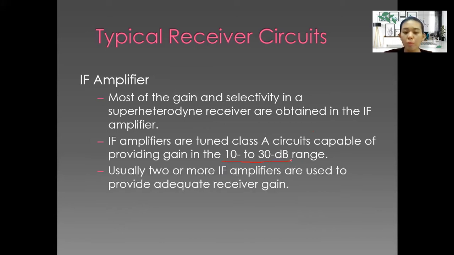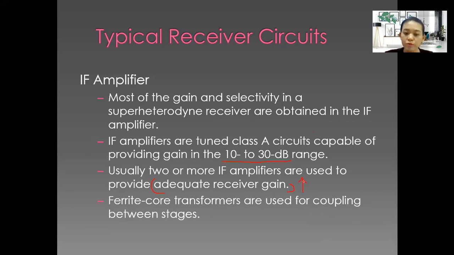Usually, 2 or more IF amplifiers are used to provide adequate receiver gain. So the IF amplifier is mainly to provide better receiver gain. Ferrite coil transformers are used for coupling between the stages, and selectivity is provided by the tuned circuit.